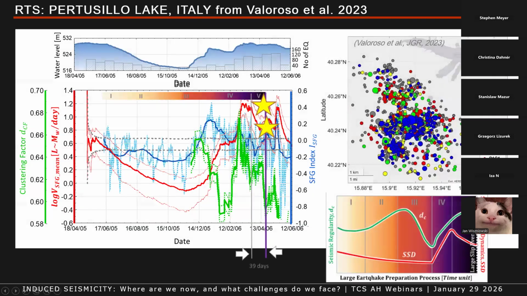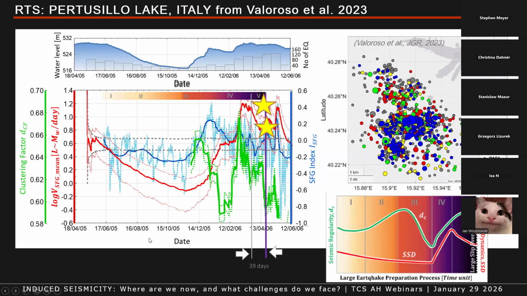And here is the example from Pertusillo Lake. I use the data not only from our platform, but also from Luisa Valoroso. They provided access to an enriched seismic catalog, and to study this preparatory process, I used the catalog provided by Luisa's group.